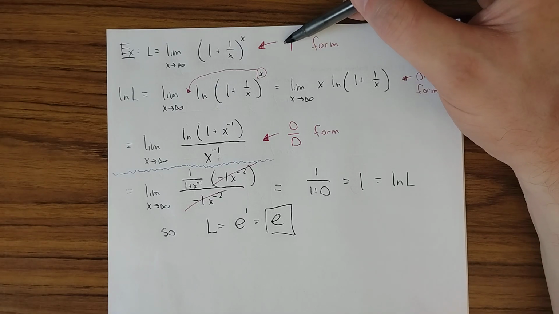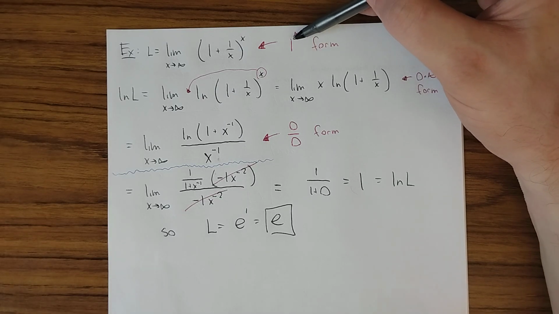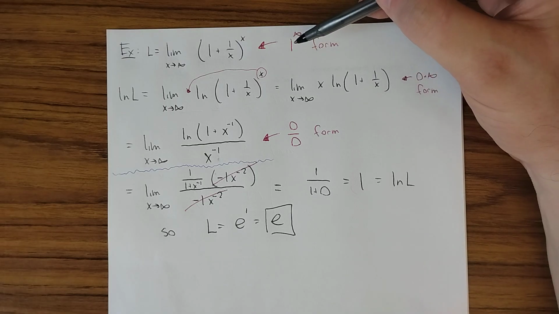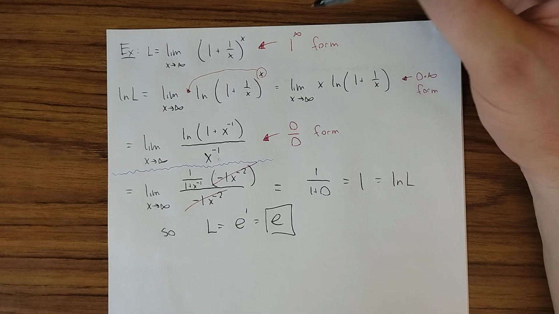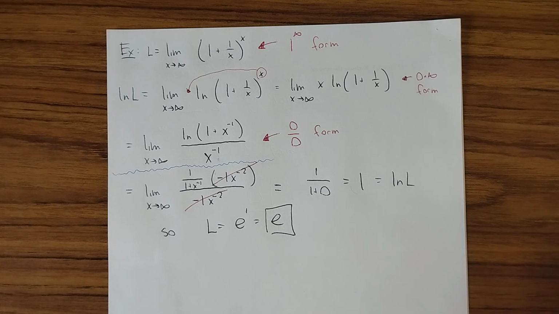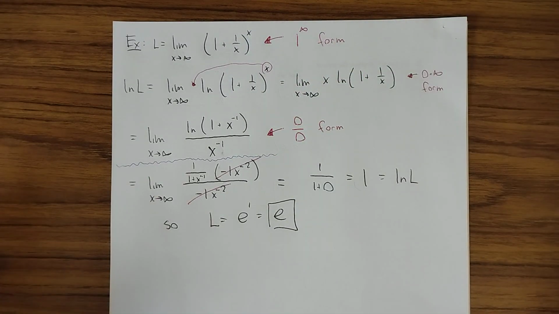Again, you have to think this is a function that's going to 1. So imagine that it's a number that's not quite 1, but it's very close to 1, and you're multiplying it by itself a large number of times. It can get pretty big. In fact, this one turned out to be e, which is like 2.7.